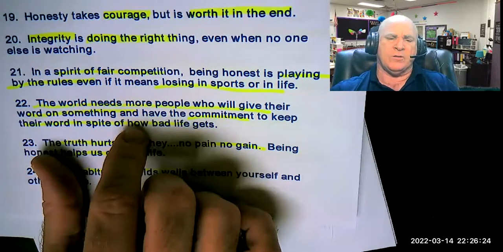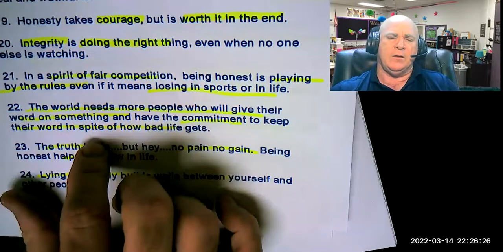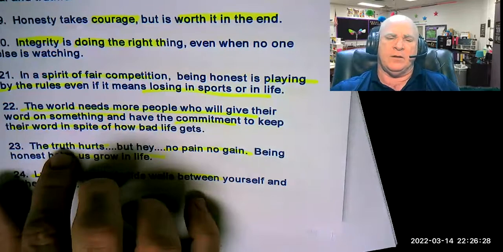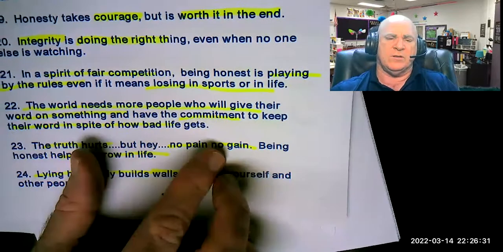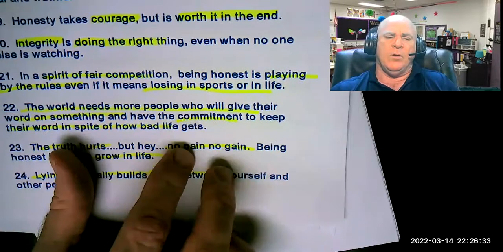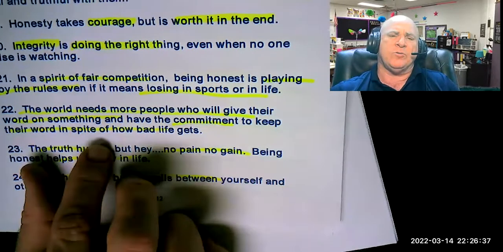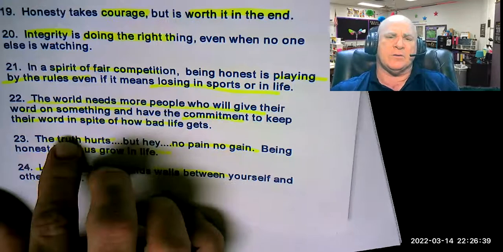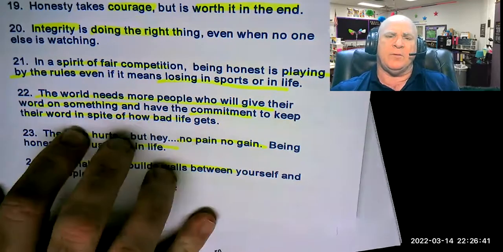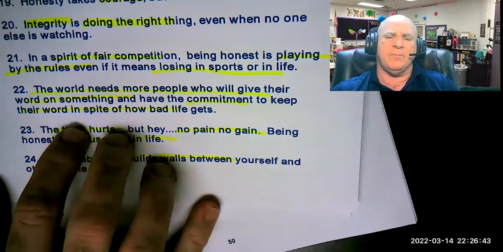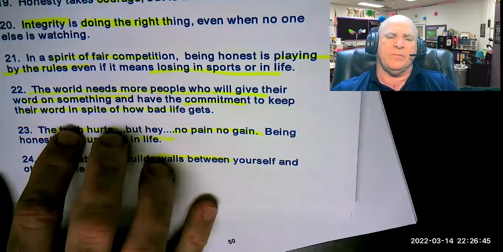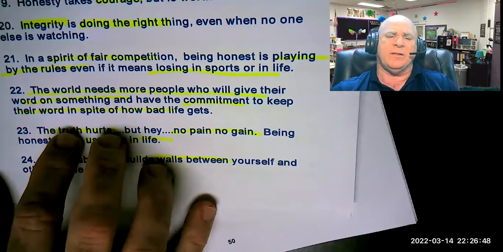The truth hurts, but hey, no pain, no gain. A simple and quite overused statement. People are going to say things that hurt us. They're going to write things about us or tell other people things about us behind our back that will hurt. Being honest helps us grow in life.